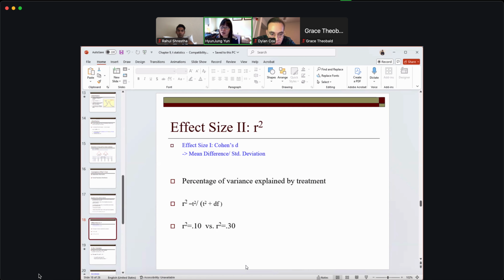And then divided by the squared t-value plus degrees of freedom. So that's the R square value. So as long as you know the t statistic value, you can calculate the R square value.